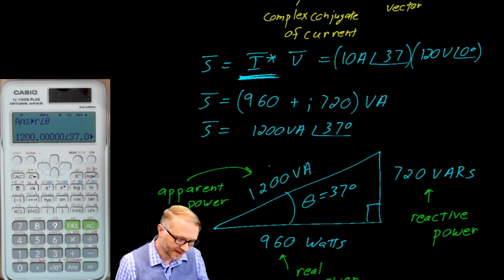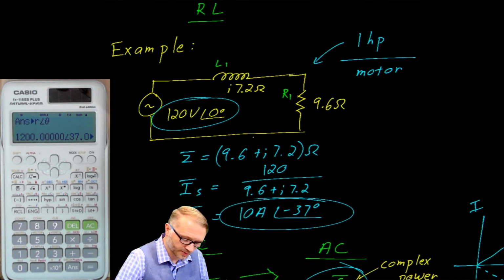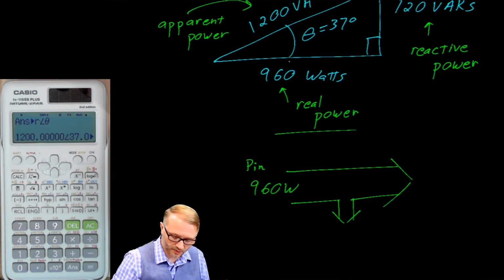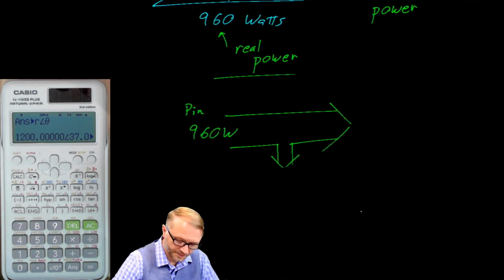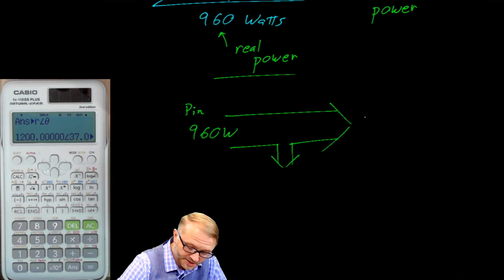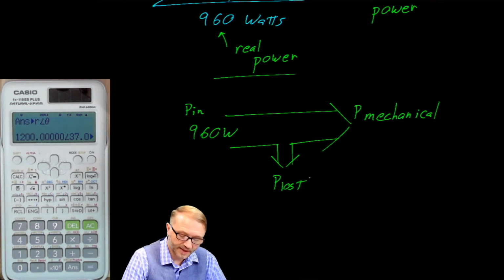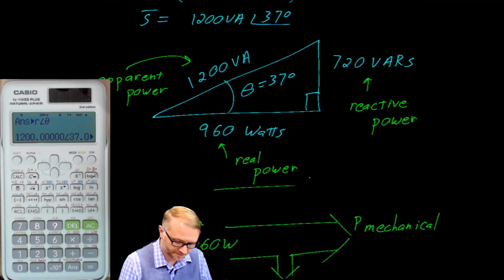If we were to go back here, we would look at this and say, based on our current and voltage, there were 960 real watts that went into this motor. We had a power output, which is mechanical power, and we had this piece, which was power lost. Together, the mechanical power and the power lost is equal to the power in. Again, that's the real piece.